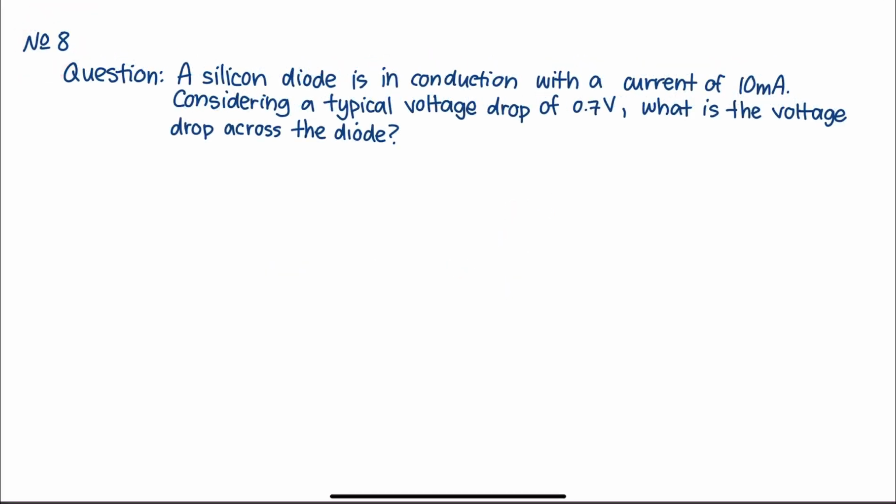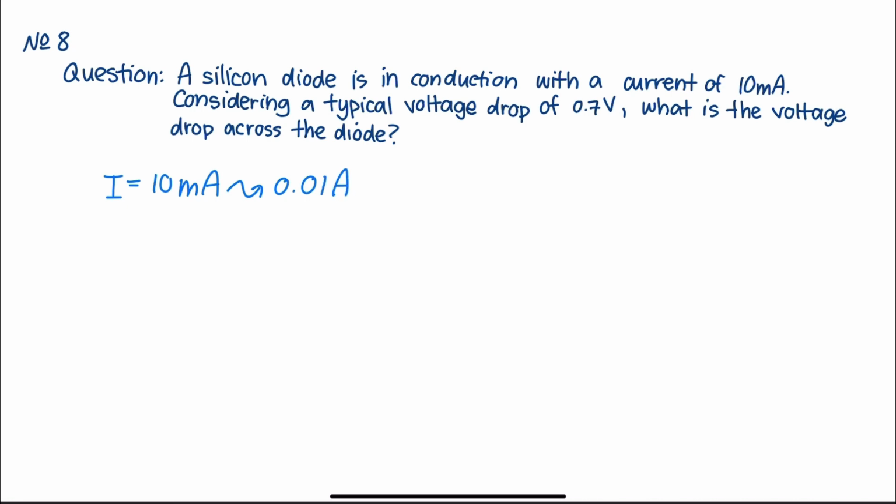Question 8. A silicon diode is in conduction with a current of 10 milliamperes. Considering a typical voltage drop of 0.7 volts, what is the voltage drop across the diode? So let's write down what we know. Our I is equal to 10 milliamperes, which is the same as 0.01 amperes.